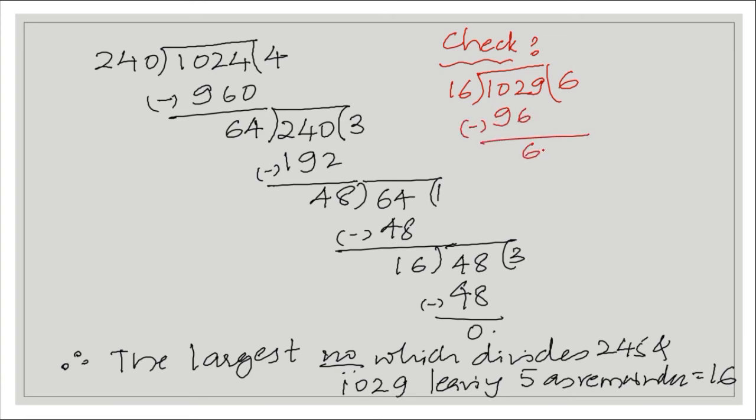On subtraction, I'll get 6 as a remainder, so 9 is taken as carry, 69. 16 4 times is 64. Subtract, you'll get the remainder as 5. So 16 is the largest number which divides both 245 and 1029, leaving the remainder 5. Now you must have understood it.